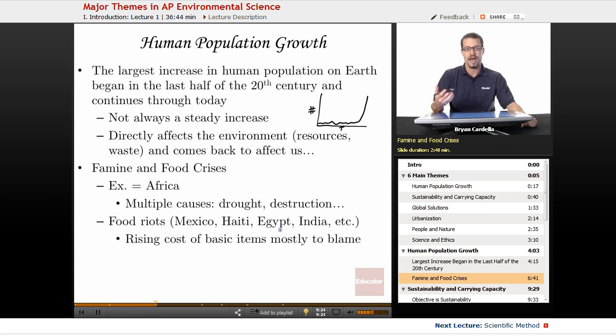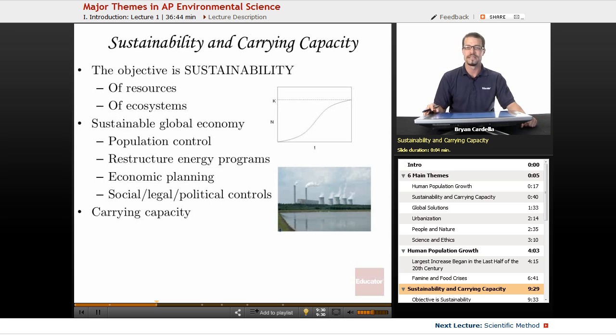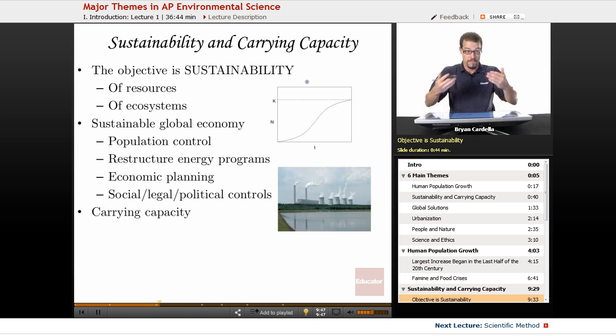So these are the topics that come up as a result of unchecked human population growth on Earth. Sustainability and carrying capacity. One of the major objectives that we talk about in environmental science is sustainability: using the environment in a responsible way where we can actually not run out of our resources and provide enough for future generations to also be successful.